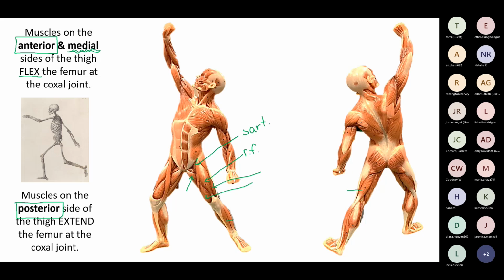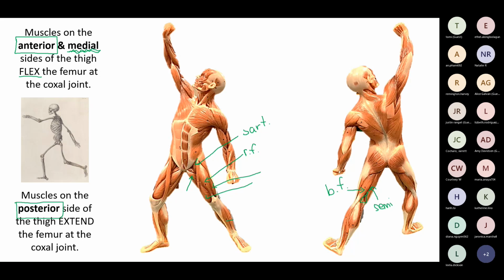Muscles like biceps femoris on the outside, semitendinosus that I find next to biceps femoris. You have semimembranosus listed in your packet as well. That's the little tiny muscle that lives next to semitendinosus. So it's another one there on the back.